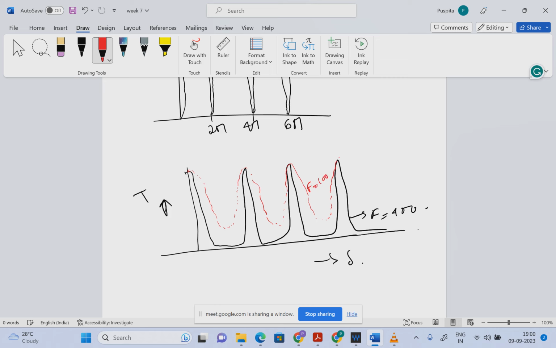So when F decreases, delta lambda increases. So the peak will become broadened. Okay.